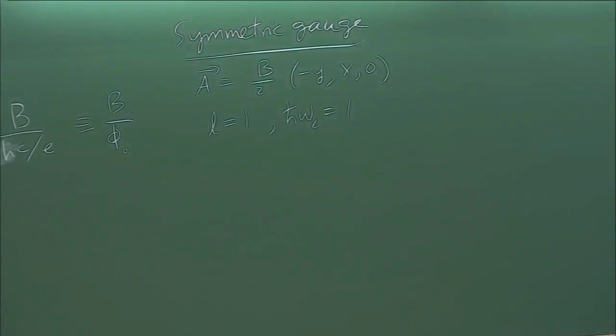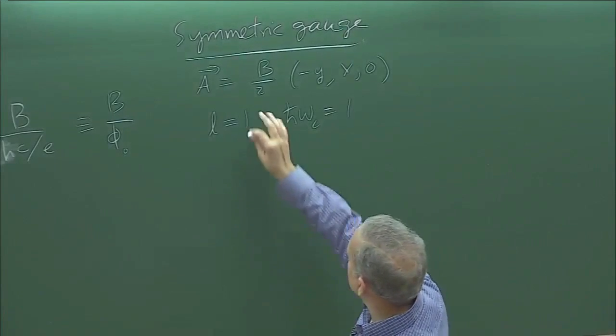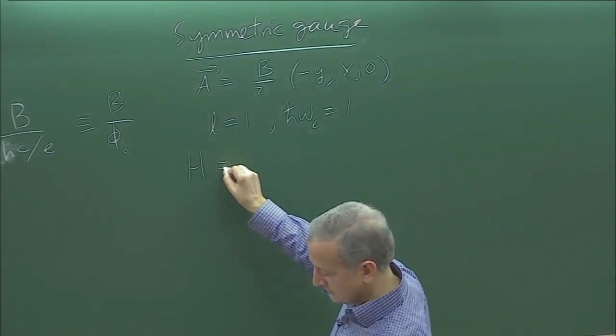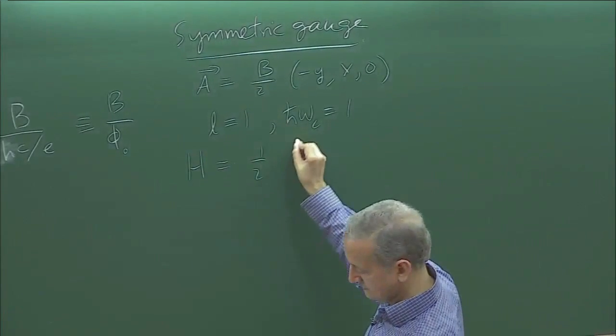You can always put them back in the final expressions just from dimensional considerations. So with this, the Hamiltonian is written as follows.